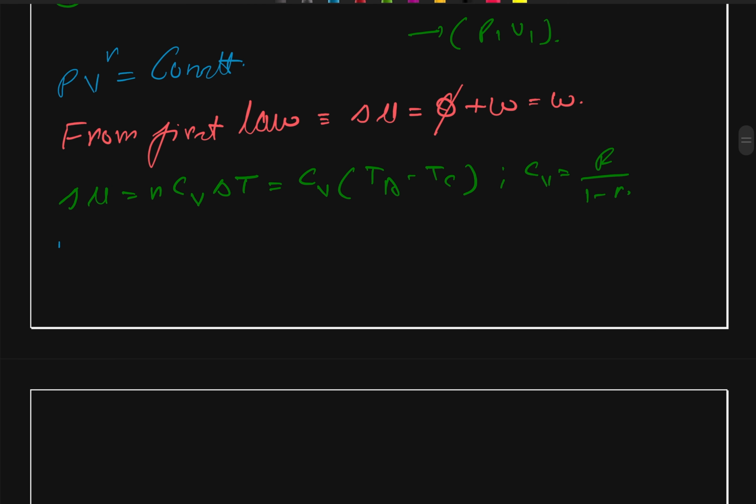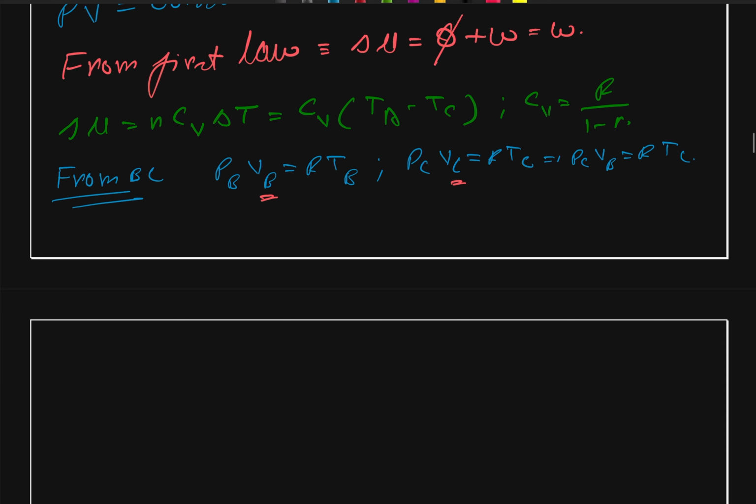From BC we can write PB VB is equal to R times TB, and PC VC will be equal to R times TC. Our VB and VC are the same, therefore PC VB is equal to R times TC.